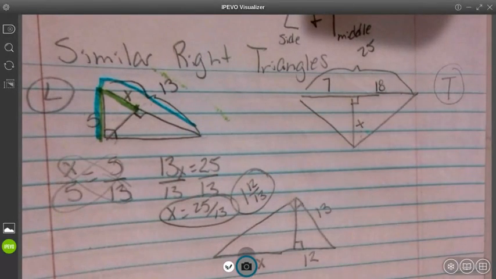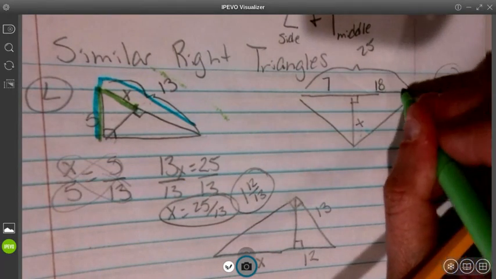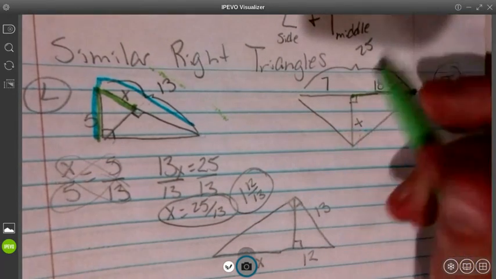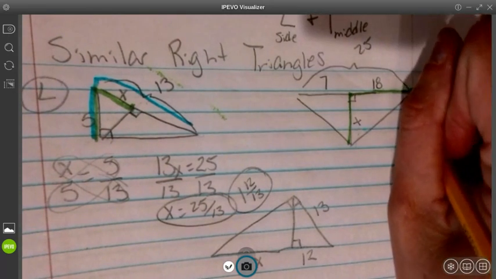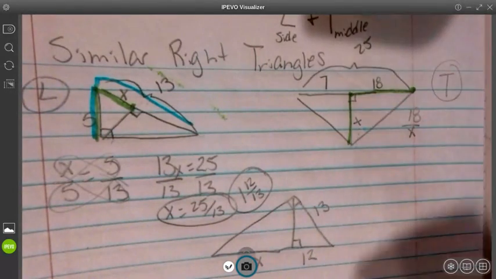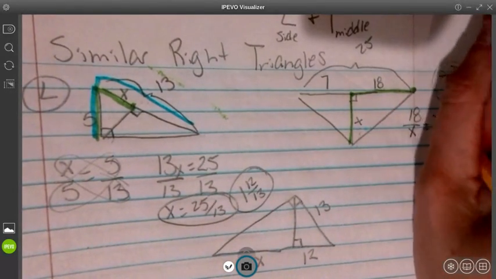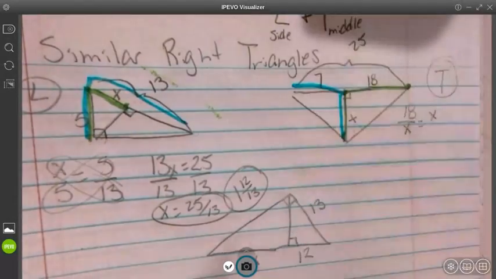All right, so if you'll remember, it doesn't really matter which end I start with, but I'm going to travel in from an end. I'm going to go the length of 18 and then up the altitude. So I have the 18 is to X, and then as the X is to 7.